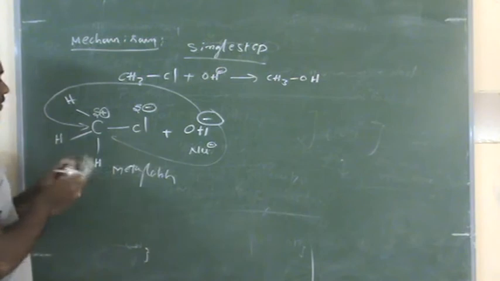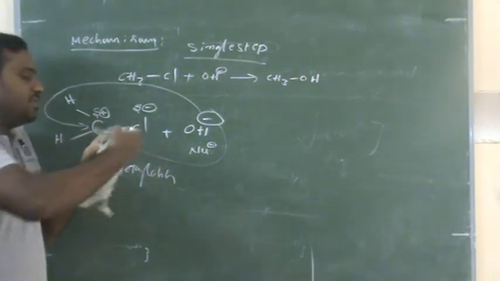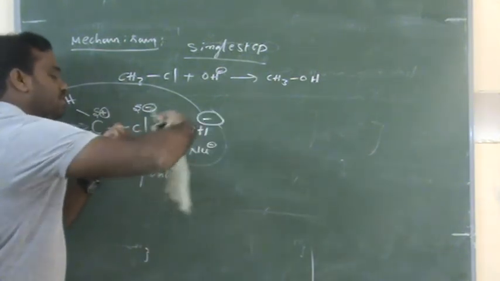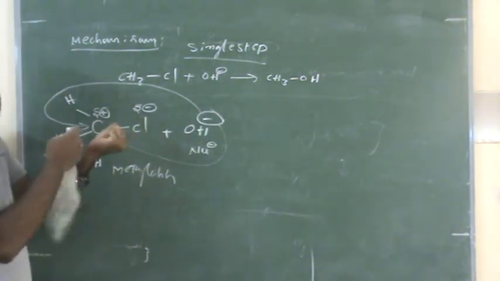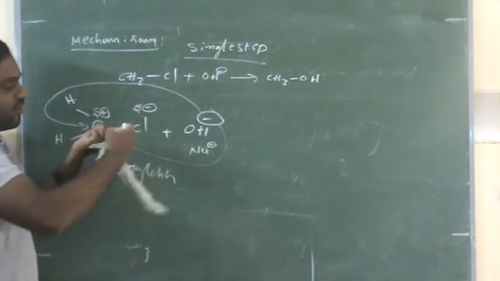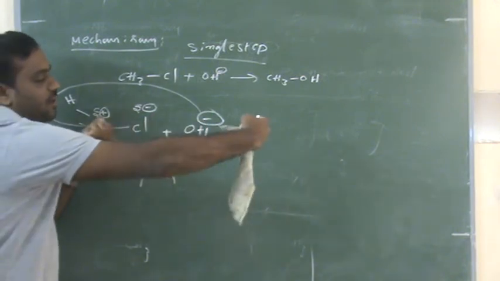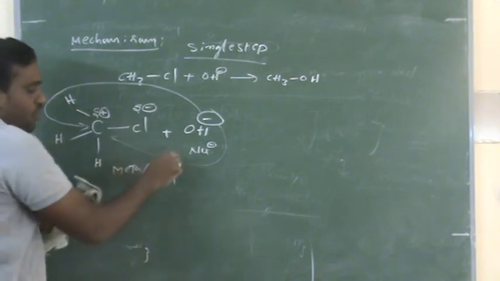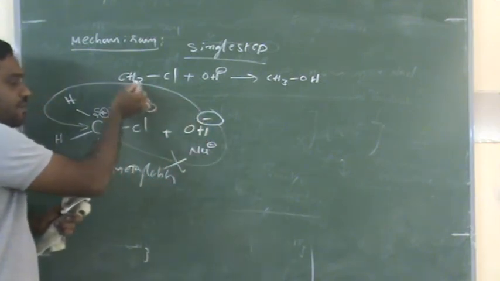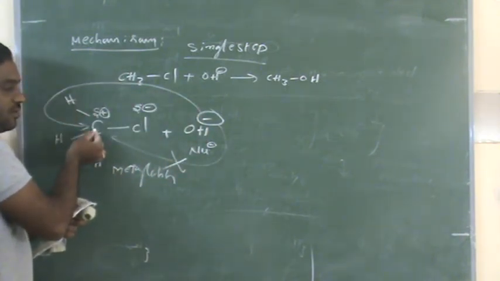If this carbon is here, this side is called the front side, and this side is called the back side. Front side, what is there? Cl is there, and back side, what is there? Hydrogens are there. Always the nucleophile comes and attacks the back side of this carbon atom.